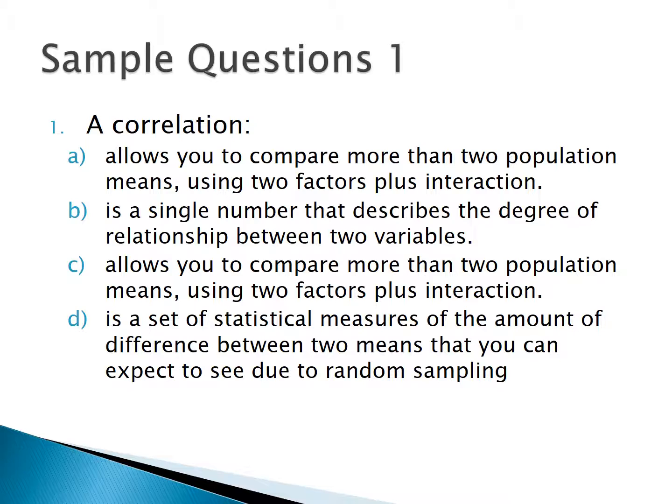When you're ready, hit down arrow to see the result. A correlation is a single number that describes the degree of relationship between two variables.